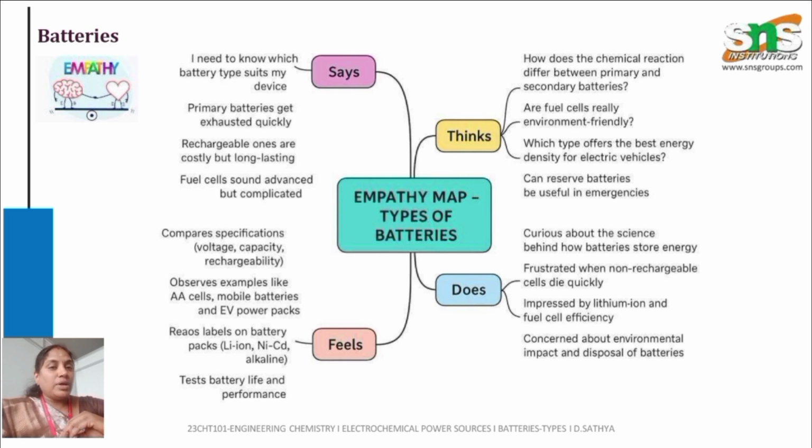We are going to understand how batteries work and their life. It is very important to understand the battery, why we need to study it, how long a battery will work, and how batteries suit each device.